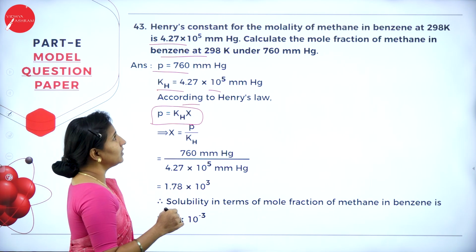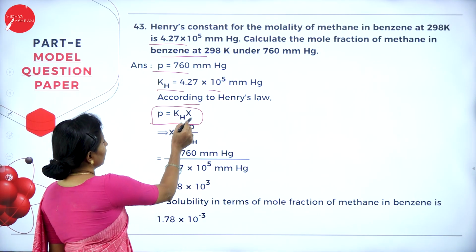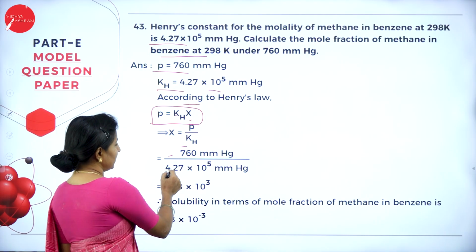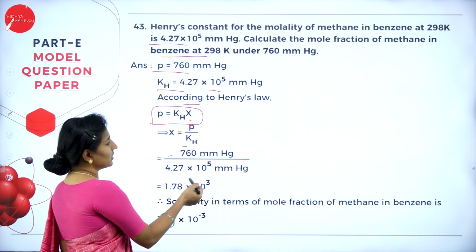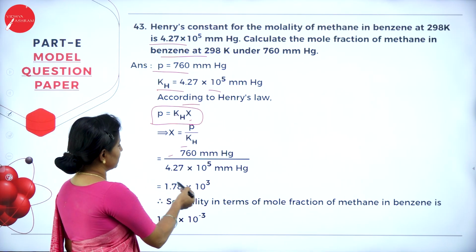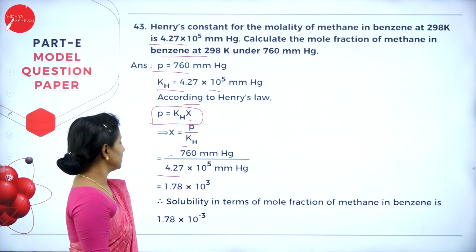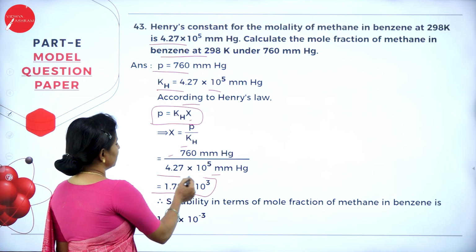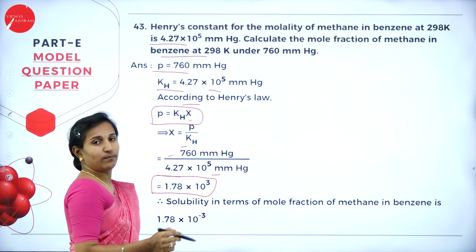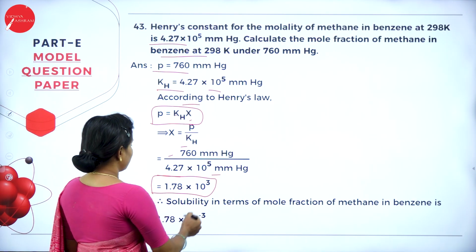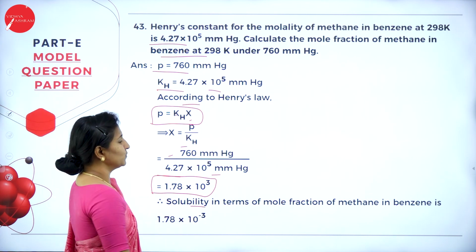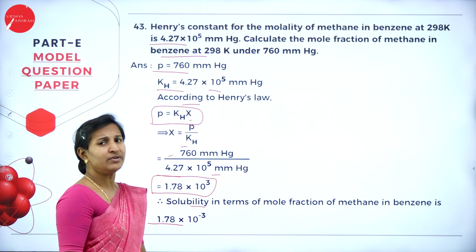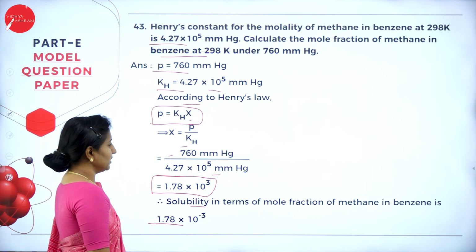We need to calculate the mole fraction. So X equals P by Kh. Substitute the values: 760 mm of Hg divided by 4.27 into 10 power 5 mm of Hg gives 1.78 into 10 power minus 3. Solubility in terms of mole fraction of methane in benzene is 1.78 into 10 power minus 3.